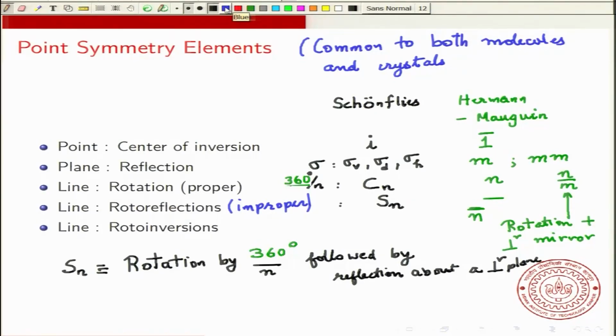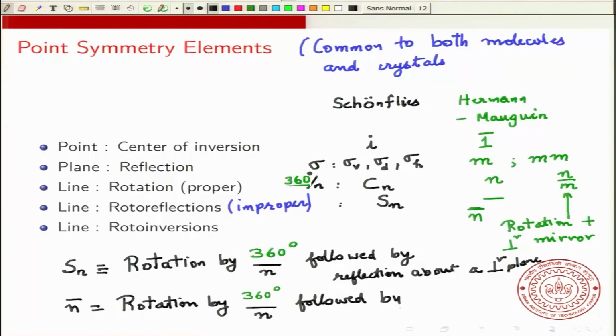I'll just write for completeness: n bar equals rotation by 180 degrees divided by n followed by inversion about the center of inversion.